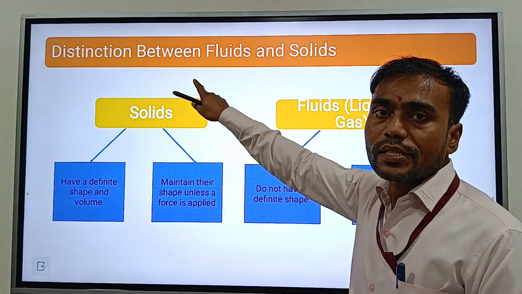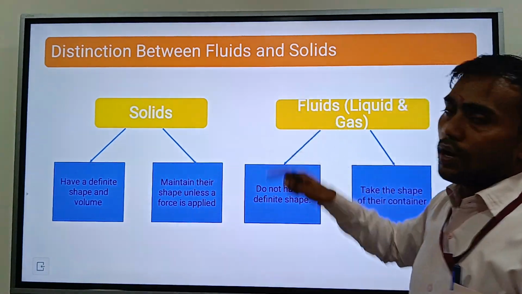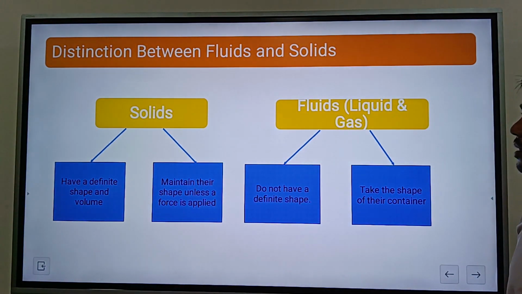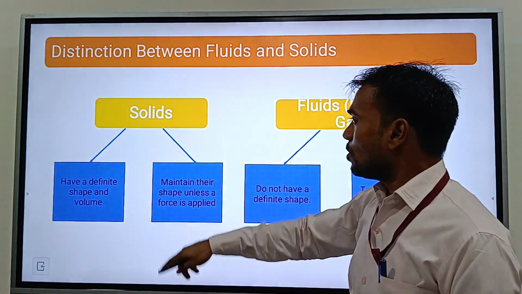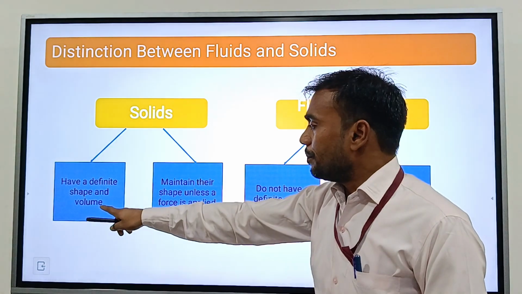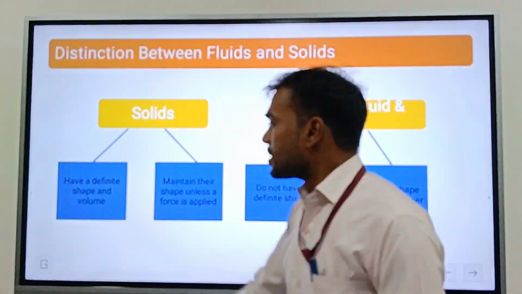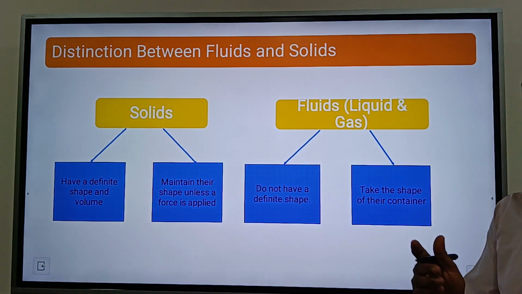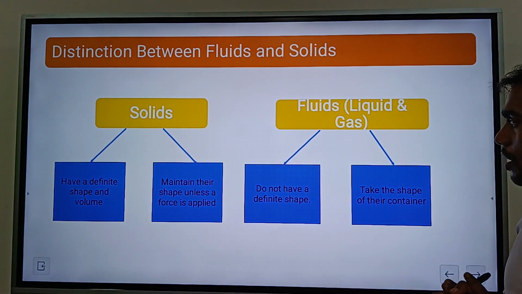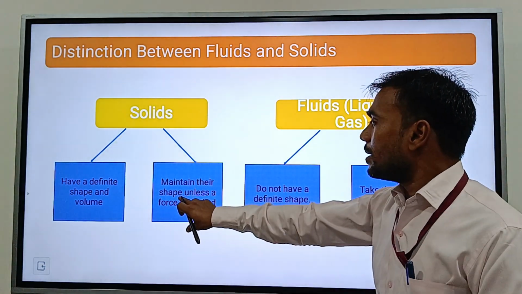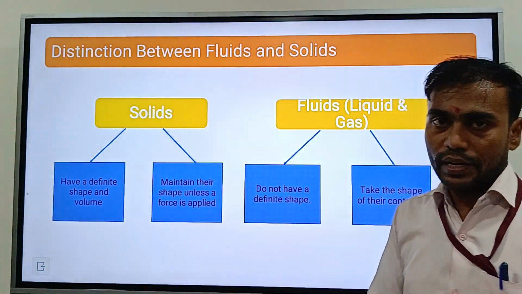Now, what are the distinctions between fluids and solids? Fluids means liquids and gases, and then solids. Solids have the basic characteristic that they have a definite shape and volume, and they can maintain their shape unless a force is applied.